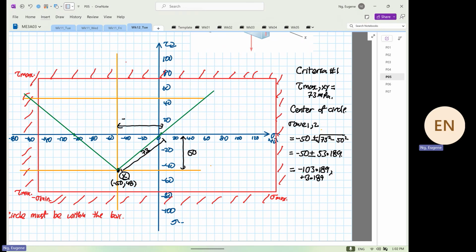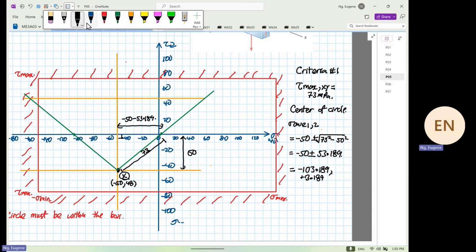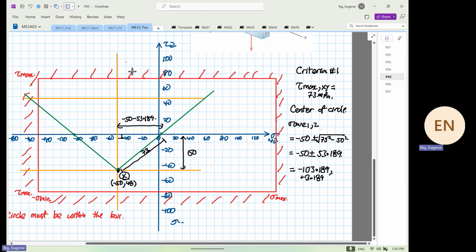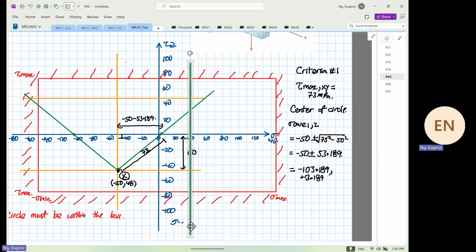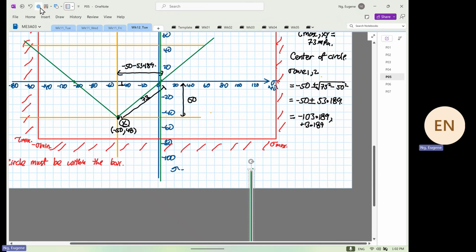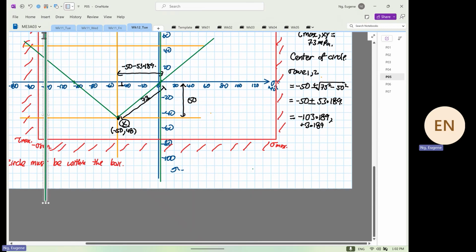It's equal to minus 50 minus 53.189 because this is 90 degrees and you use Pythagoras theorem. Okay. So there's two centers of the circle now. Does that equation make sense already? Yes or no? No rocket science. Okay. So this is one of our centers of circle. And then we have the other one. Okay. Which will end up here.